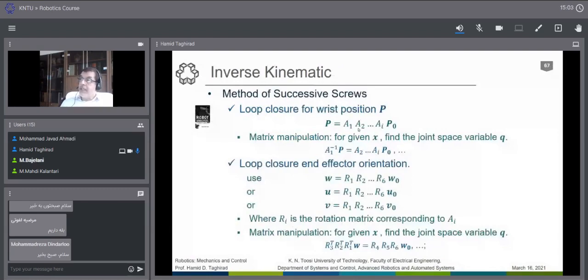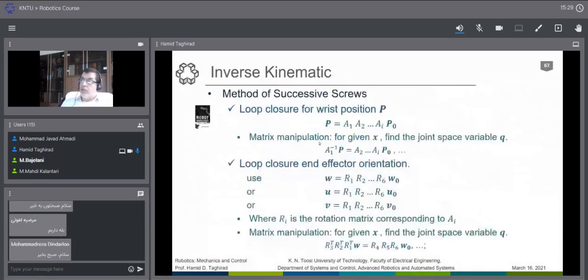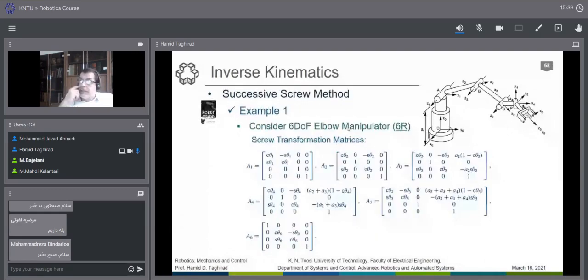We use the point P here, not this point, the point P, which has the 4 consecutive screws. This is the first one, the second one, the third one, and the fourth one. We have 4 screws, A1 to A4, and we can reach the point P. So we use this equation quite effectively here.